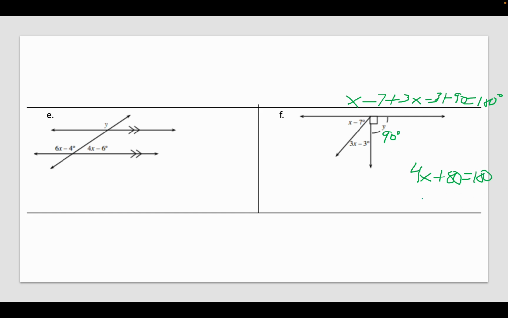Subtract 80 from both sides, you get 4x equals 100. Divide by 4, x equals 25. So then I could find whatever this angle measure is, 25 minus 7. 3 times 25 minus 3 would be this angle right here.